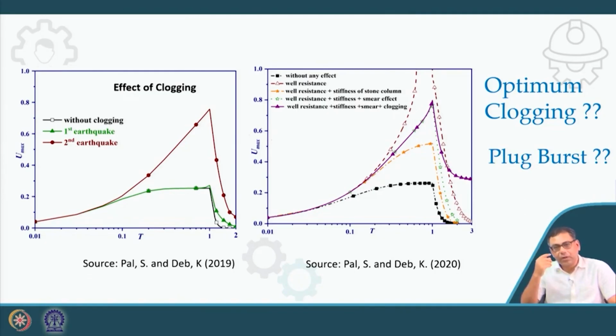After that, when the water again hits those clogged pores, the clogged particles are destroyed and flow again with the water. Then these voids will be cleared, but when the next particles come, they will again block those pores. So, that is about the optimum clogging or the plug burst.